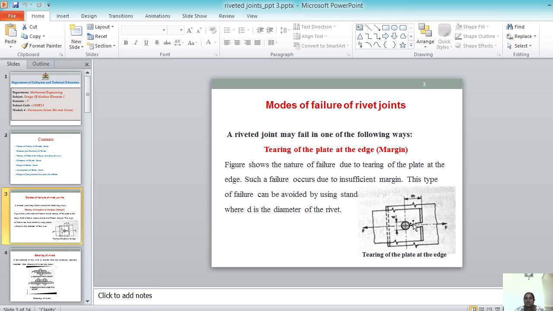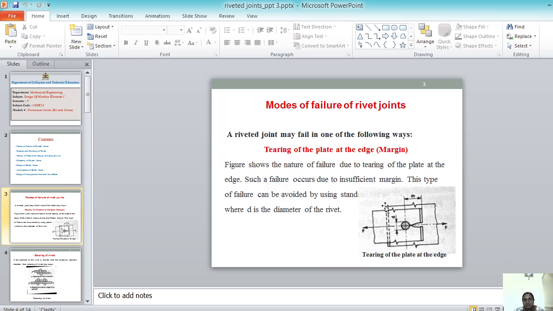Margin m should be standardized, using the formula we used in the previous session. If I use the standard margin, we can avoid this type of tearing of plates. This is one type of failure.